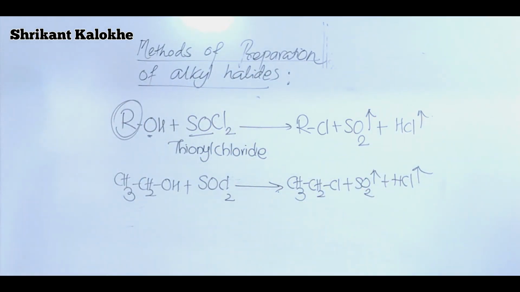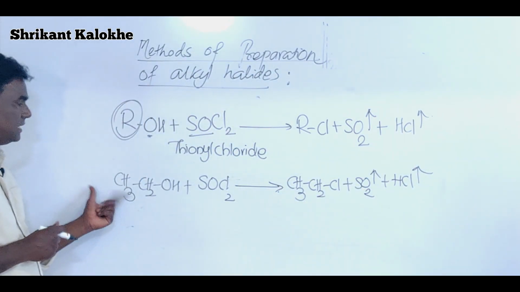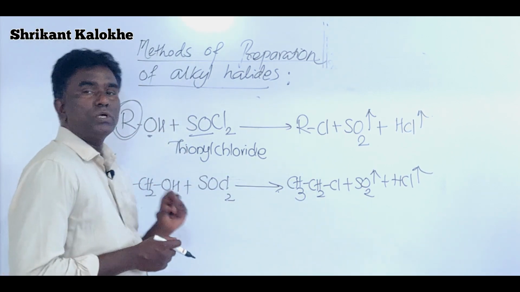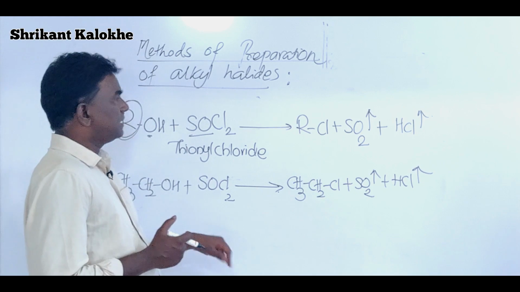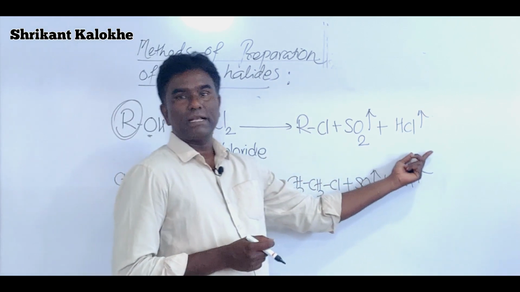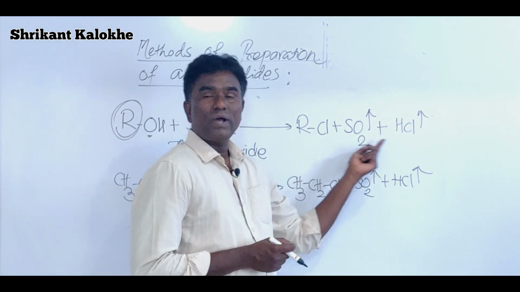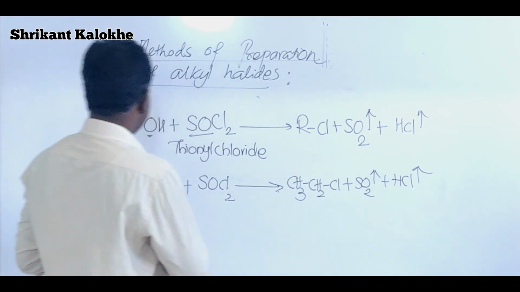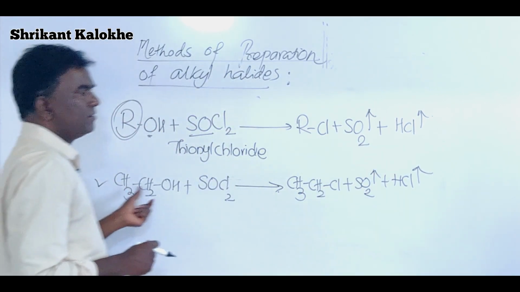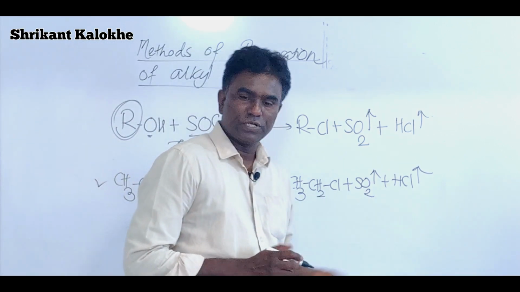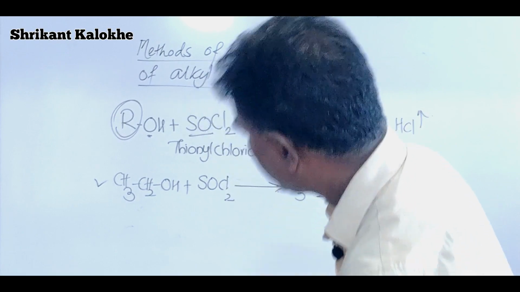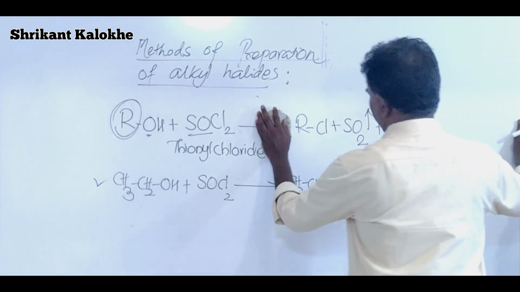In this way, we can convert ethyl alcohol into ethyl chloride by using SOCl2. The one thing to remember here is that those 2 side product gases, SO2 and HCl, escape, therefore we can balance this reaction in a very simple way without writing any coefficient. So this is the method of preparation of alkyl halide from thionyl chloride.